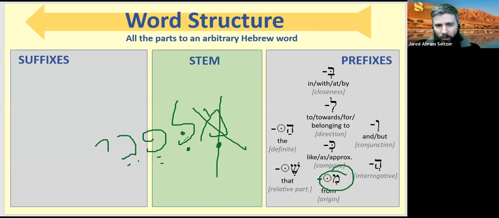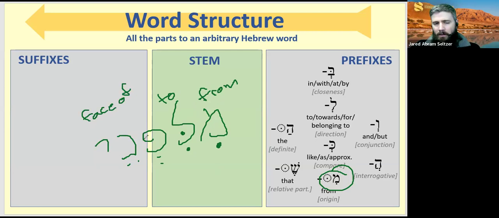If you didn't have the mem there, it would be lifne. So you just attach a mem to it, and it means from to. Pene is face. From to the face. What does that mean? Well, it means that you were facing somebody, and then you left their presence.